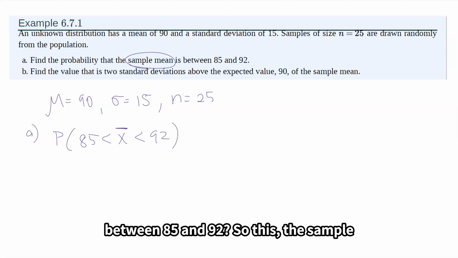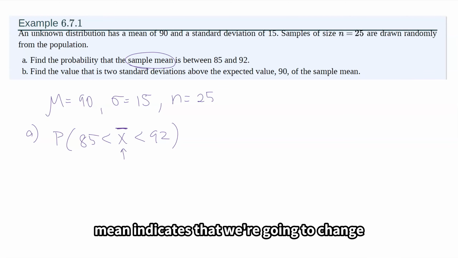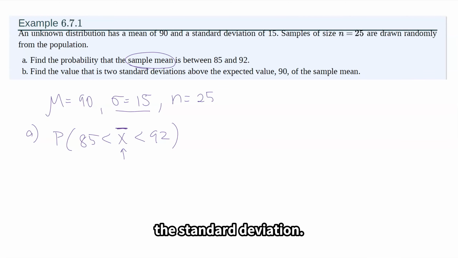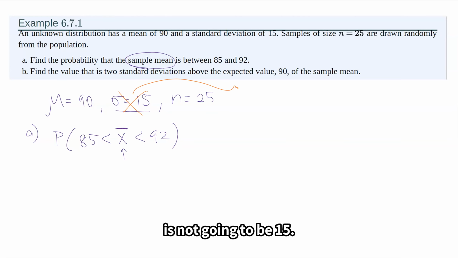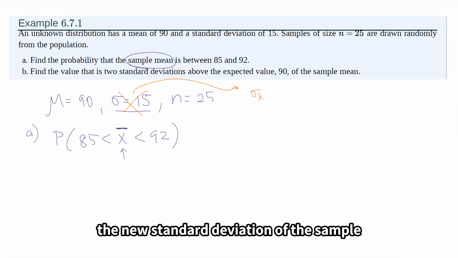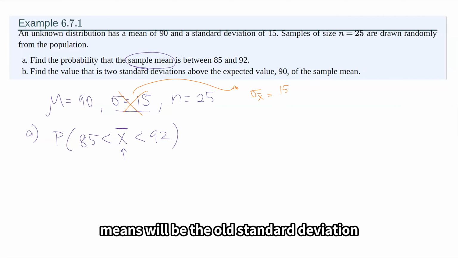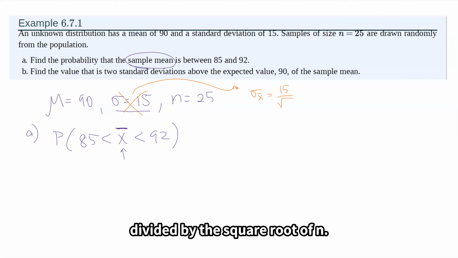and 92. So the sample mean indicates that we're going to change the standard deviation. So the standard deviation we're using is not going to be 15. It's going to be the new standard deviation of the sample means, which will be the old standard deviation divided by the square root of n.